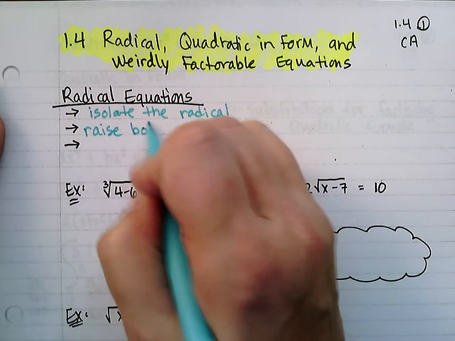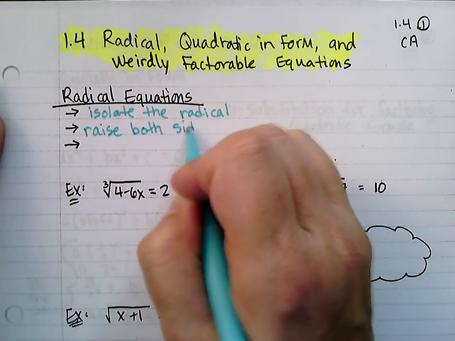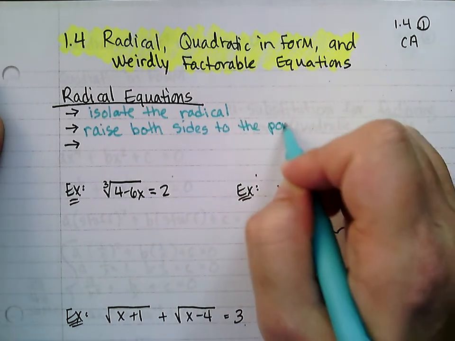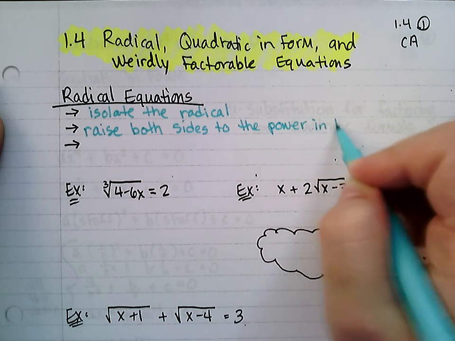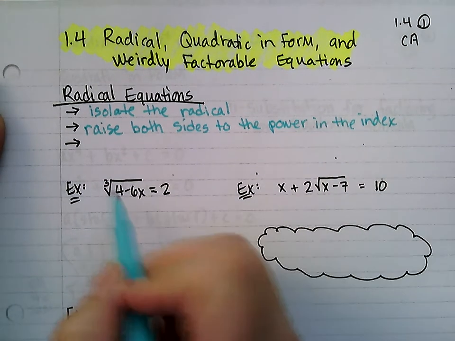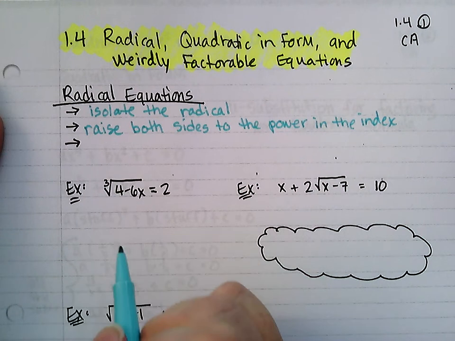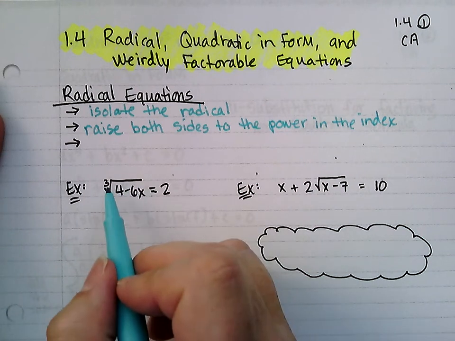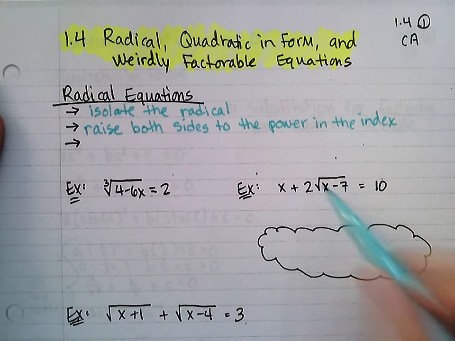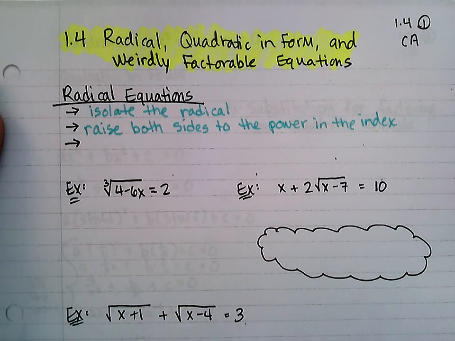Then you're going to raise both sides to the power in the index. So the index is that little number that's inside the elbow of the radical. So this one is an index of 3. When there's not an index written, it's a square root, so the index is 2.